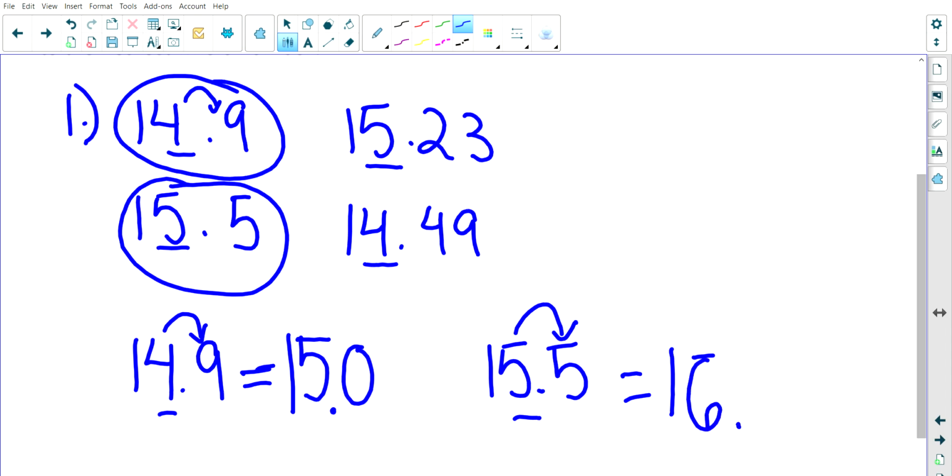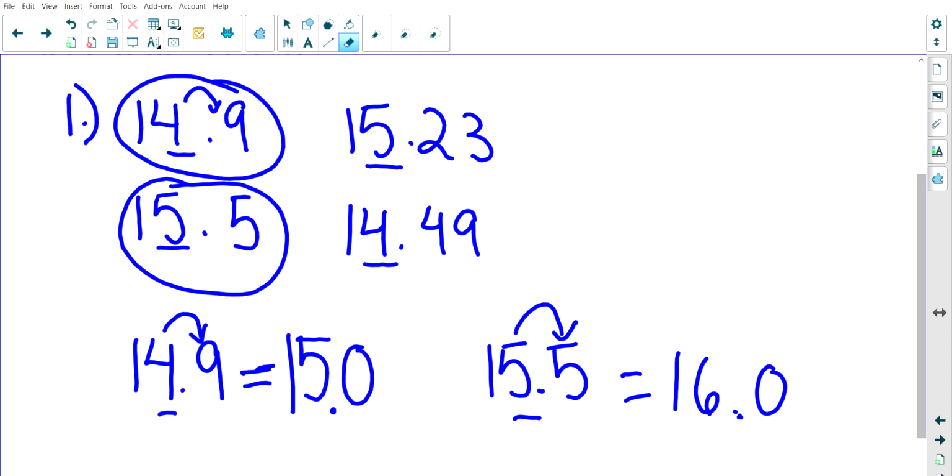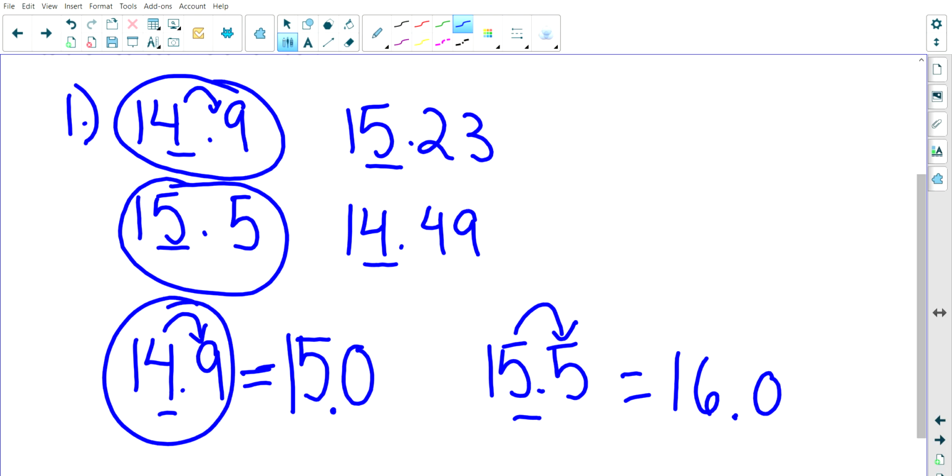I keep the decimal point where it is and everything else turns into a 0. Now 16.0 is the same thing as saying 16. Remember, zeros added to the end of a decimal don't actually have value as long as they're the final digits in the number. So in this instance, 14.9 rounded to 15, so we can go ahead and circle that one. But 15.5 did not round to 15. It rounded up to 16. So that one doesn't work.